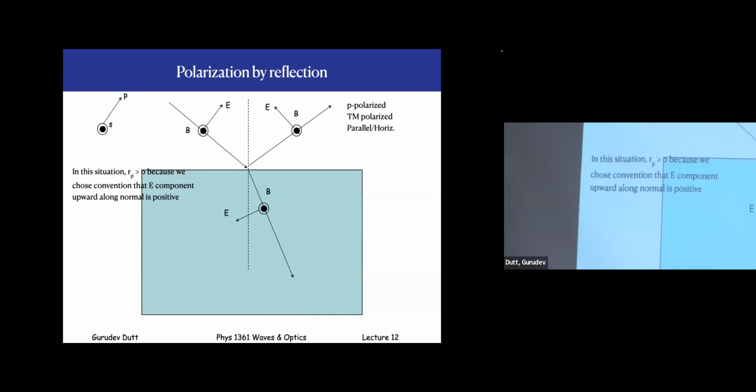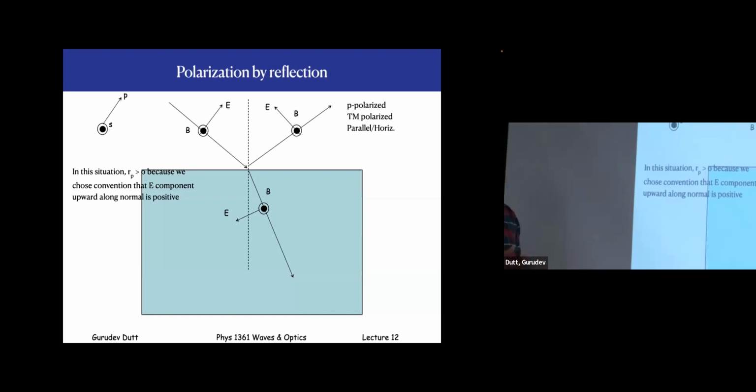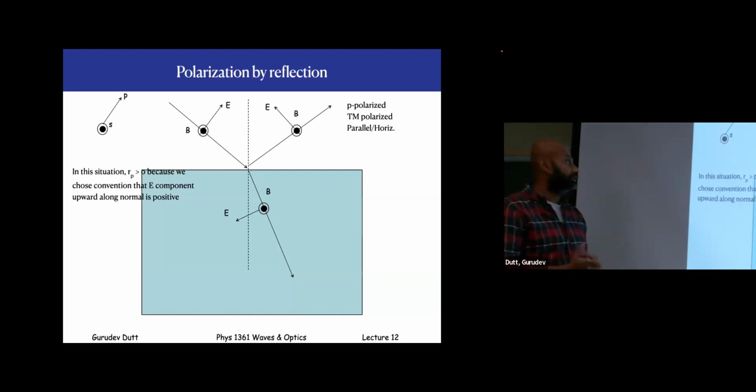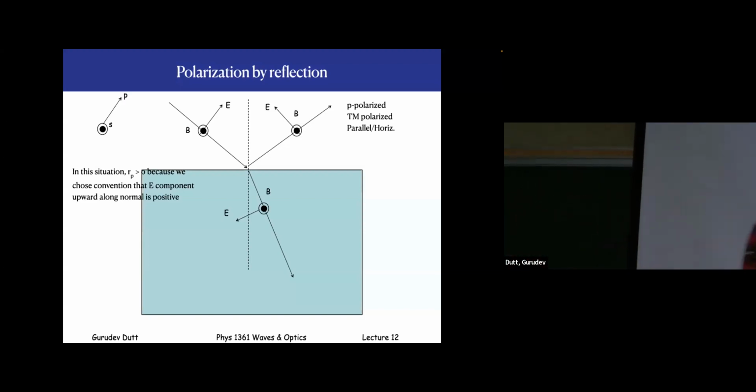So RP, the reflection coefficient, is also now in this convention greater than 0. Its direction is the same, meaning it's always oriented with the component along the normal positive, pointing upward along the normal. So this is the sign convention for the polarization, and that's also known as TM polarization or horizontal polarization.